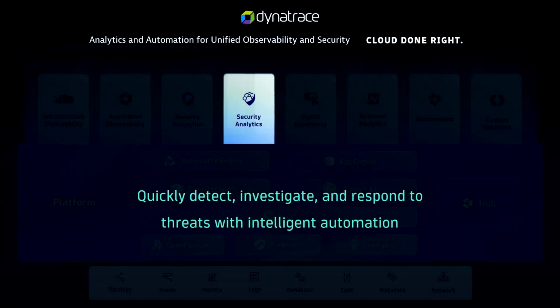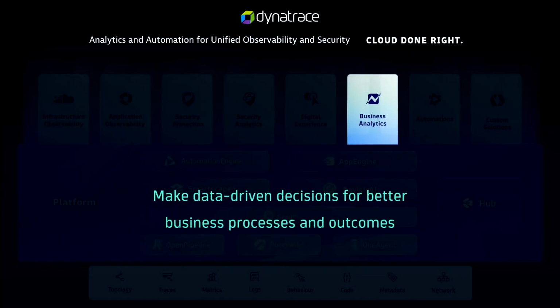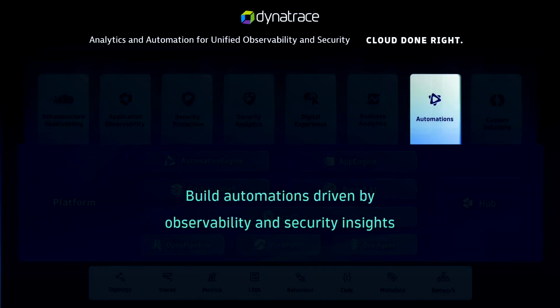Not only that, you can detect, investigate, and respond to threats in real time. You can make sure that your mobile and web applications, as well as any APIs, are performant, fast, and efficient. You can do analytics using all this observability, security, and business data that's in Dynatrace. And you can drive intelligent automation throughout your DevSecOps ecosystem.